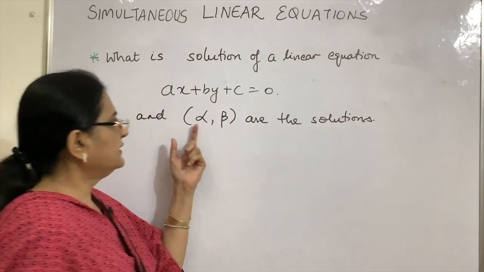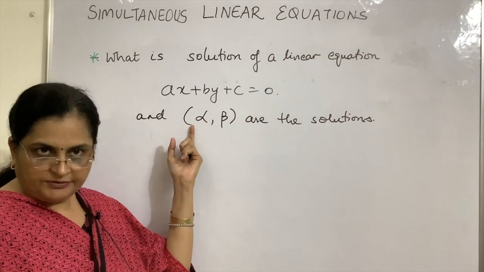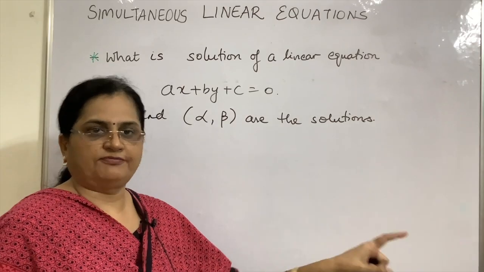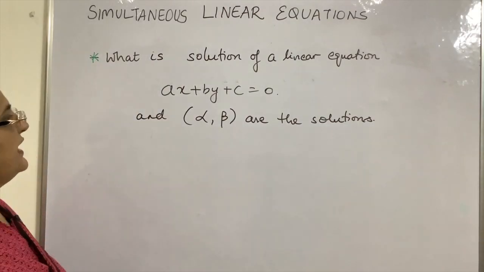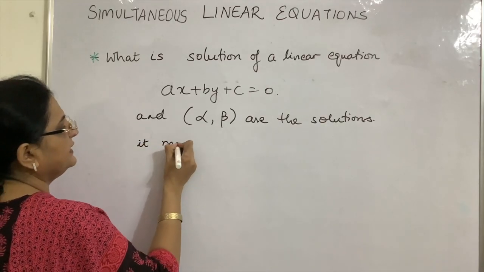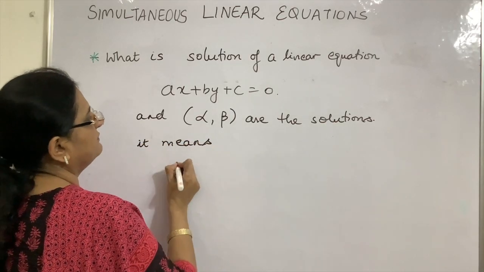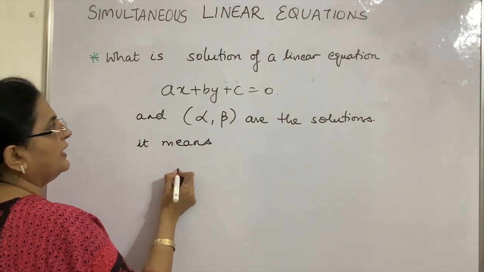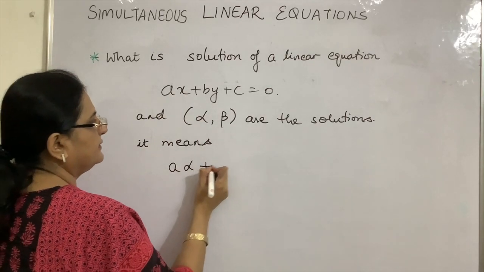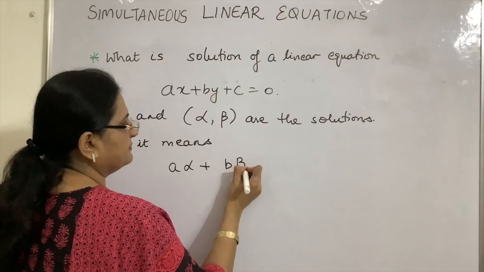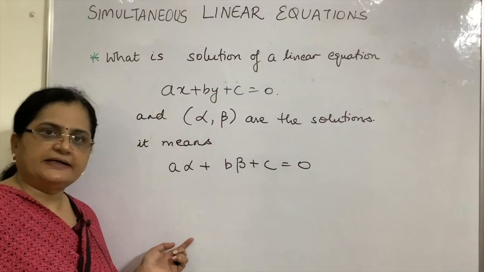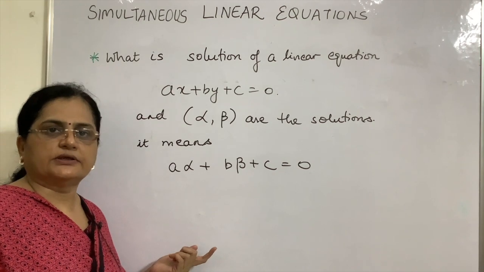Ordered pairs means the x value will be before and the y value will be after. So if alpha and beta are the solutions, it means that if we substitute the value of x as alpha and y as beta, then this should satisfy the given equation.